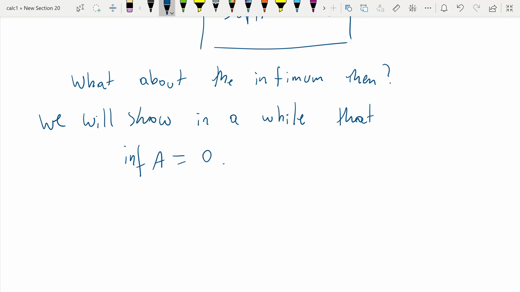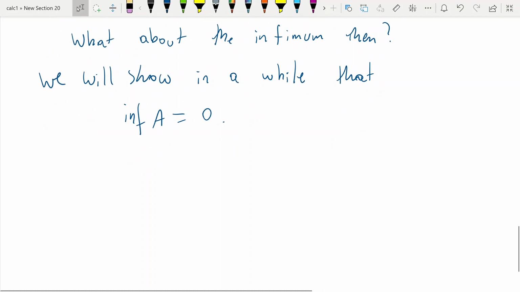As I said, this could be deduced from the Archimedean property, but the observation is the following.